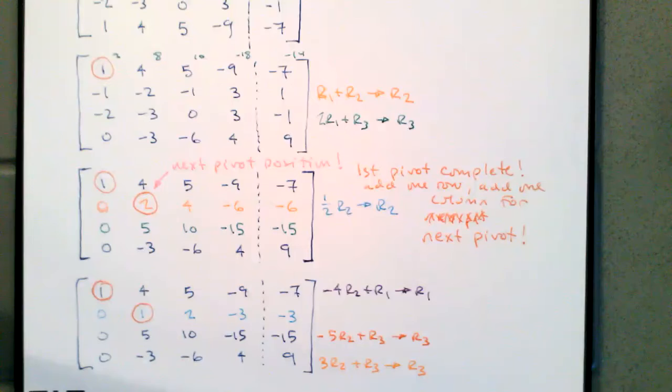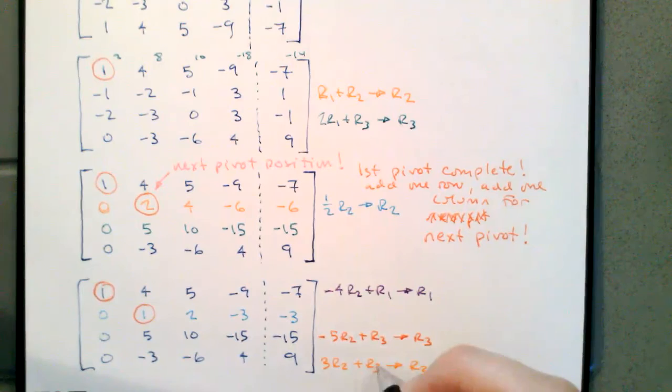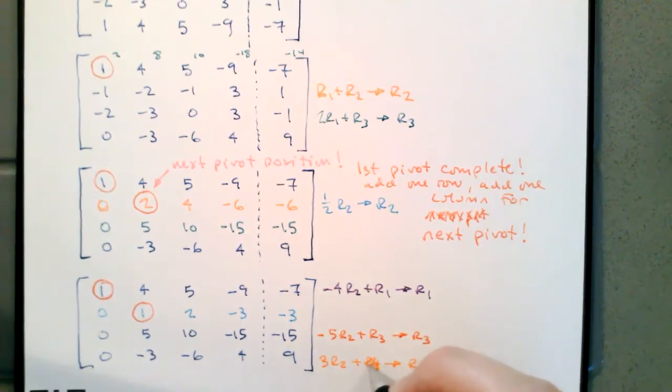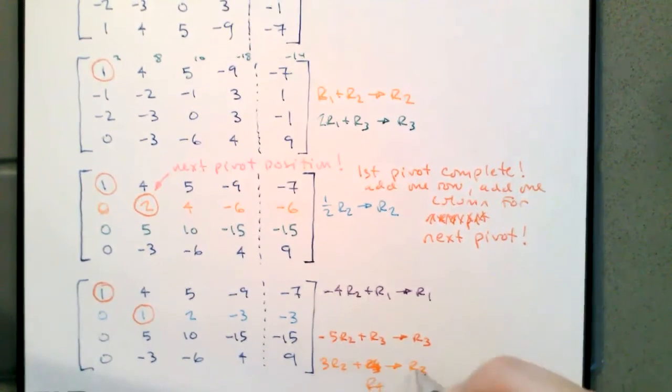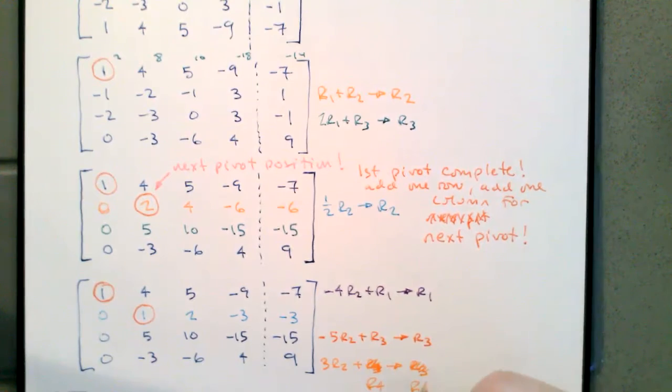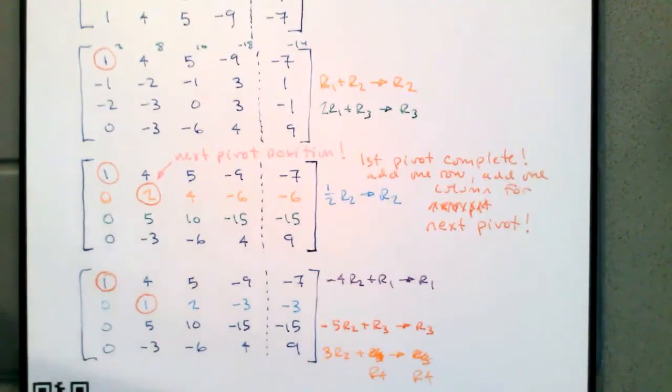Isn't it row 4? Row 4. 3 row 2 plus row 4, yes. Three row 2 plus row 4 is my new row 4.